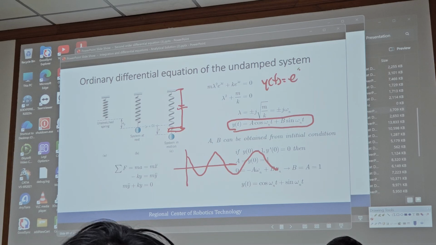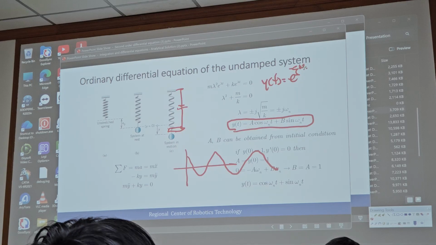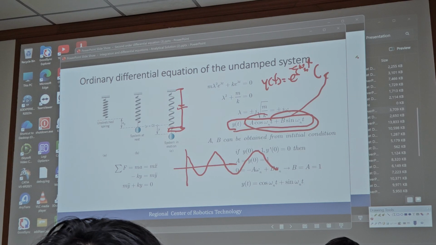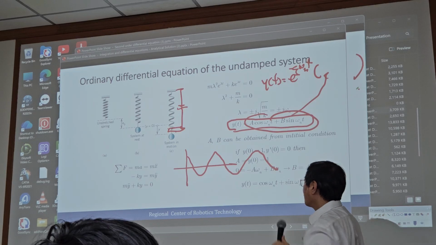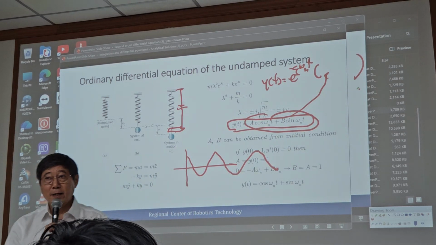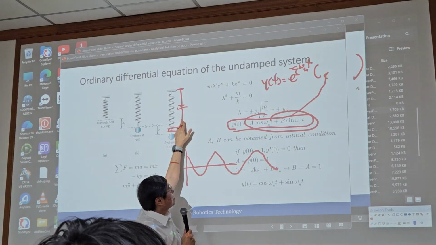In this case, let me put this one: sine omega nt, this term there. This term in that one. And in front, we have sine omega n because of this one.